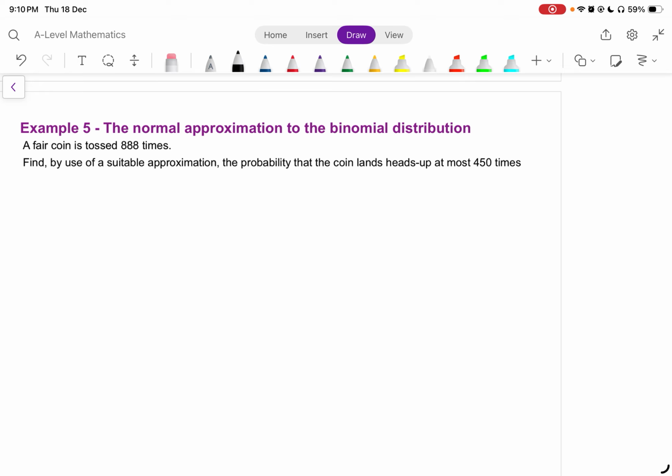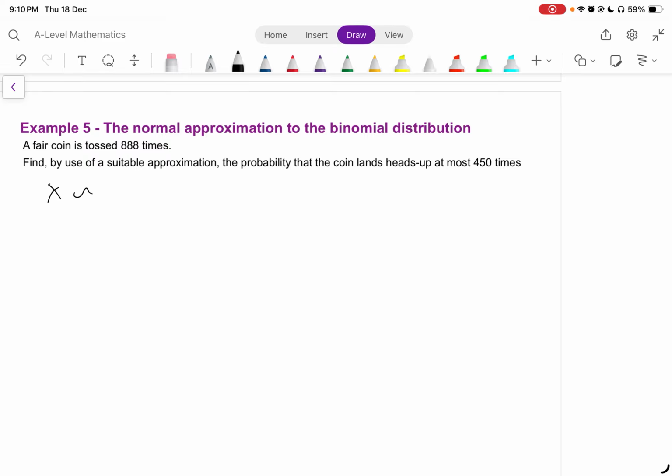The last one. Example 5. A fair coin is tossed. Wow, what an odd number. 1,888 times. Find, using a suitable approximation, the probability that the coin lands heads up at most 450 times.